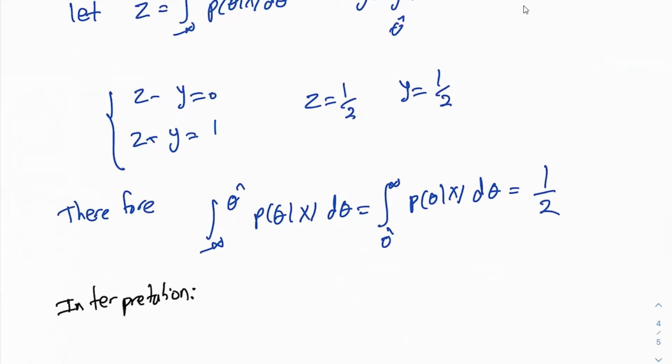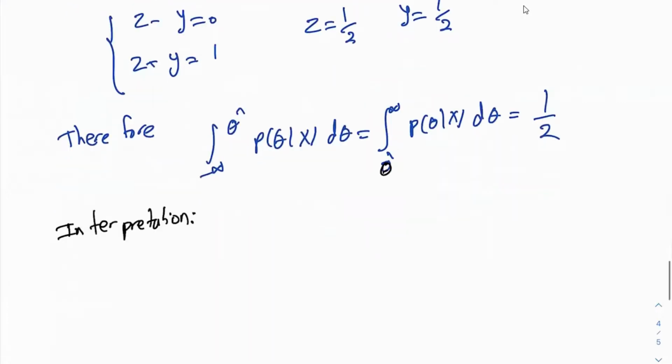The integral from negative infinity to theta hat of the posterior distribution is equal to the integral from theta hat to infinity of the posterior distribution, which is equal to 1/2. This 1/2 is important. 1/2 is 1 divided by 2, right? So probability can be maximum 1. This 1/2 means it's exactly in the middle.